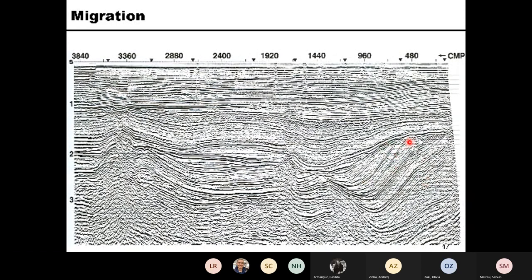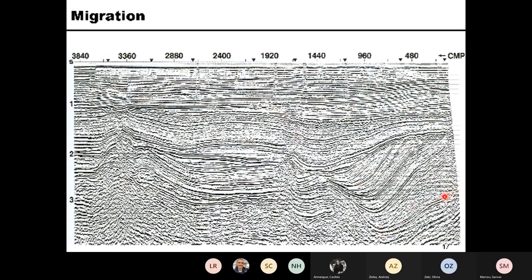The scale, you do not see much difference, but they always move upwards, okay? For those structures, because they are in the horizontal form, migration hardly move them, right, in the large scale.